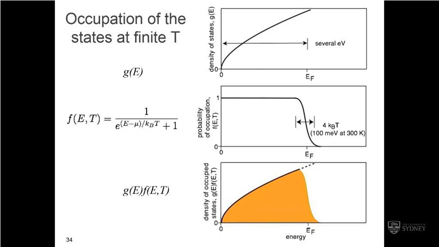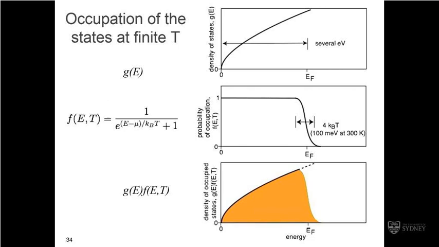So when we make the product of these two functions, it basically says all the electrons are occupied here, and then the Fermi-Dirac distribution will cut off the electrons of particular energy. So this shaded area represents the region of electronic states that are occupied by electrons. This is important, so remember this.